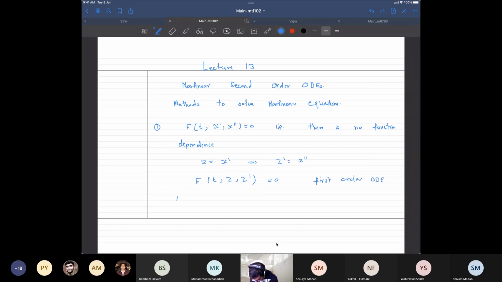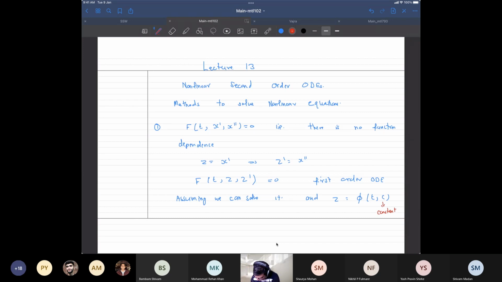Assume you can solve it, and that you get a solution z = phi(t, c), where c is an undetermined constant, because you will integrate.